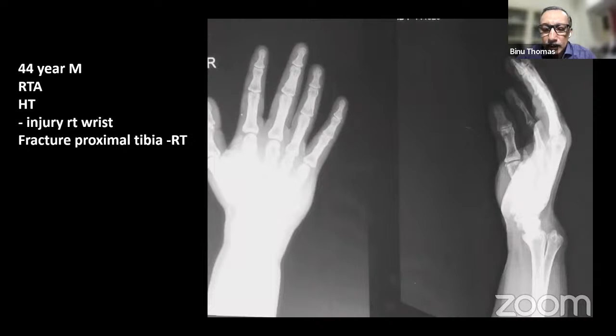But open repair is not a no-no actually. And for open repair, I prefer the volar approach now rather than the dorsal approach, because I feel that we are producing more instability by opening out all these retinacula.